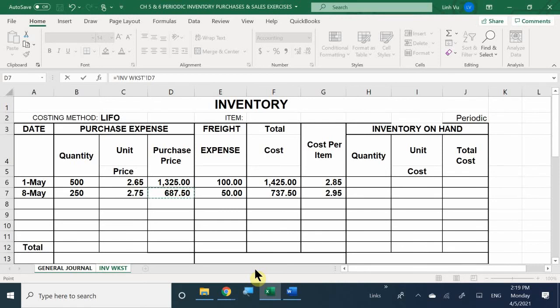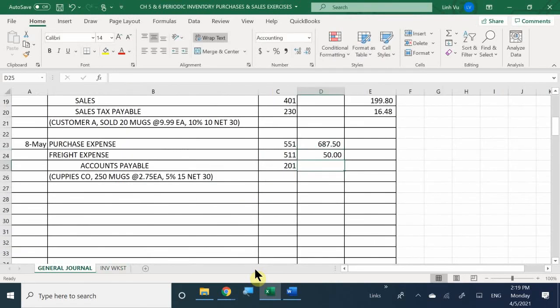That's the total. So we add these up together to get the $737.50. We already journalized it and we placed it into our inventory worksheet already. So this transaction is complete.